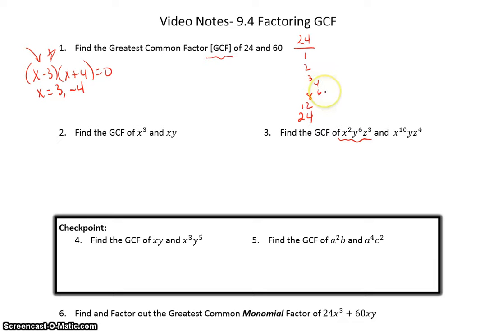I'm running out of room, but at least make a list of what is available. Also 60, we could have 1 and 60, 2 and 30, 3 and 20, 4 and 15, 5 and 12, 6 and 10, and you get the idea. So these are pretty long lists, but you can see that 12 is the greatest common factor.